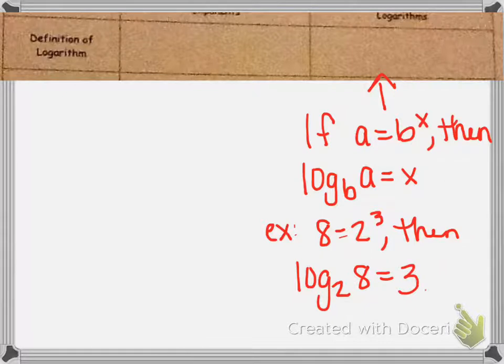Nothing in exponents, because obviously that's a logarithm property, not an exponent property. Next we should have the product property. We have a product property for exponents and for logarithms.